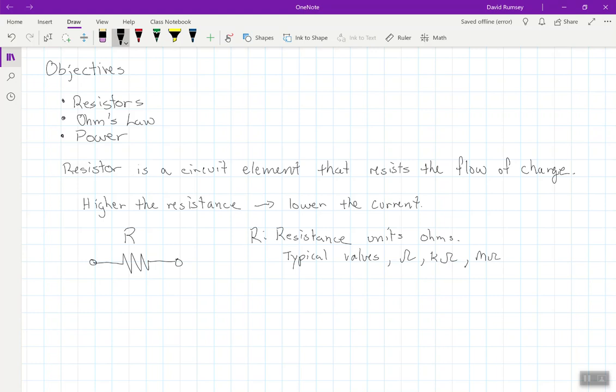Much above mega ohm, you don't really see as far as an actual discrete component, but you can also find resistors as small as 0.05 ohms.